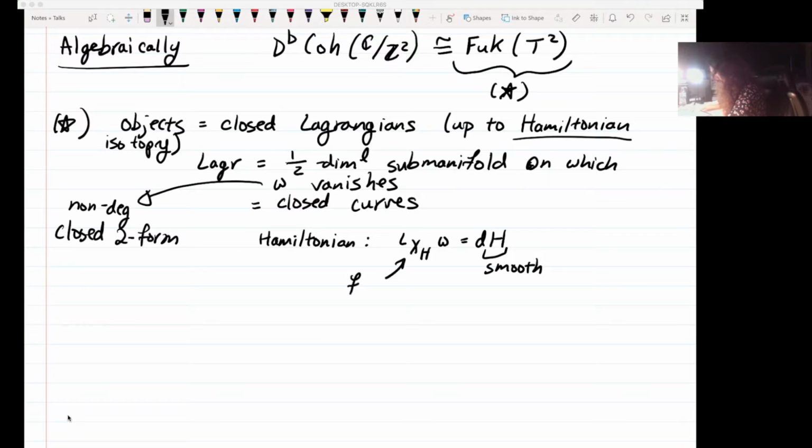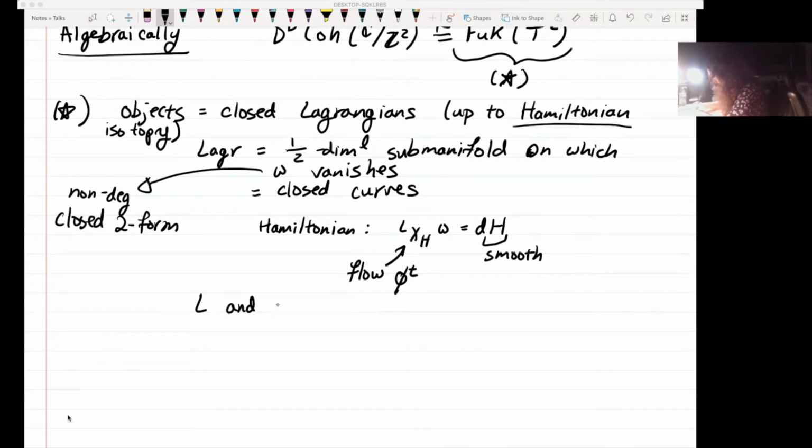And if we consider the flow of this vector field, then we say that L and φ_t of L are equivalent objects in the Fukaya category.